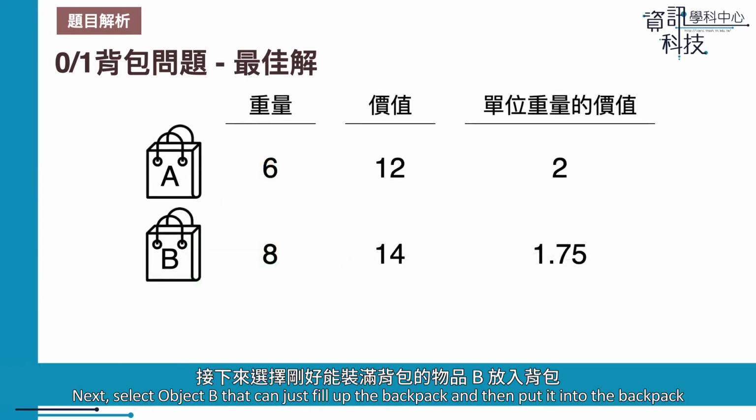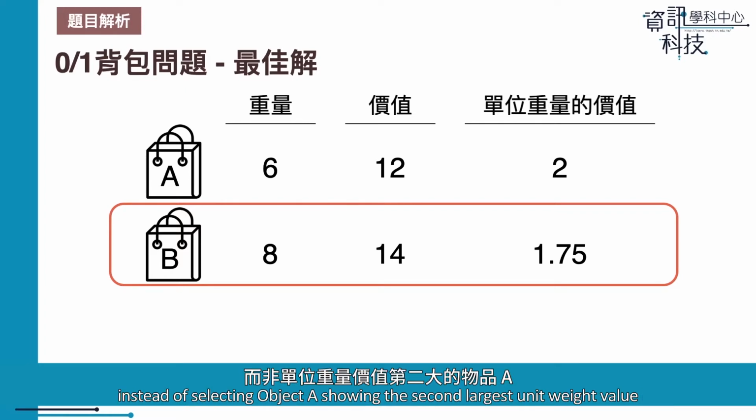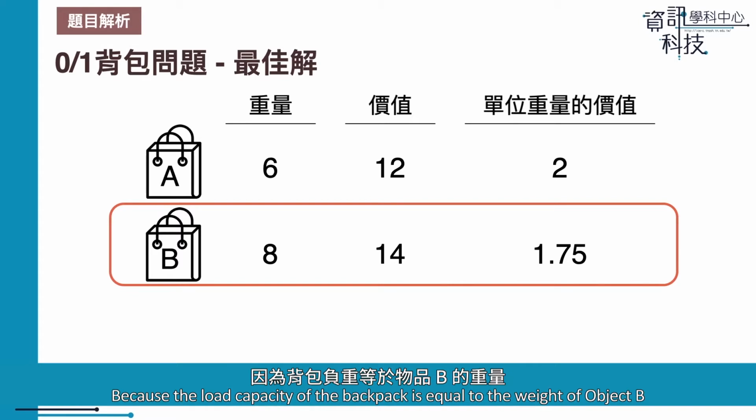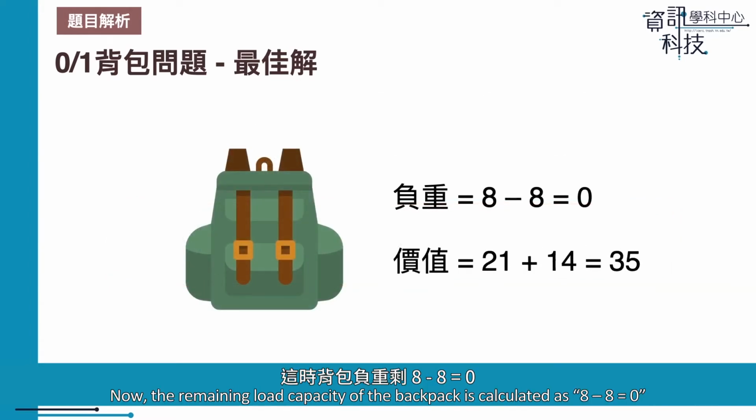Next, select Object B that can just fill up the backpack and then put it into the backpack instead of selecting Object A showing the second largest unit weight value. Because the load capacity of the backpack is equal to the weight of Object B, all of them can be loaded into the backpack. Now, the remaining load capacity of the backpack is calculated as 8 minus 8 equals 0.